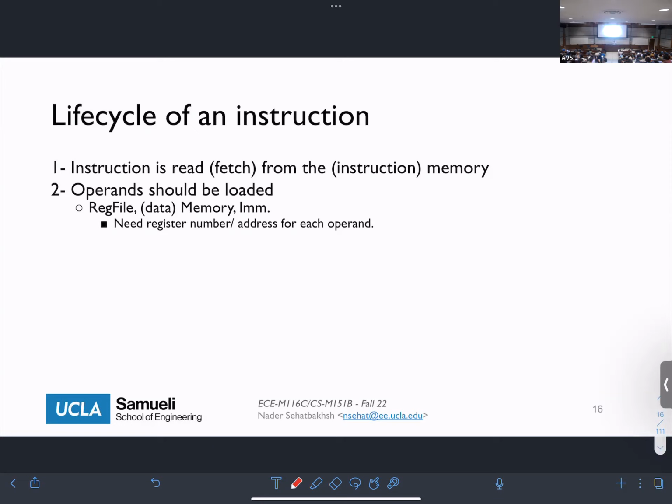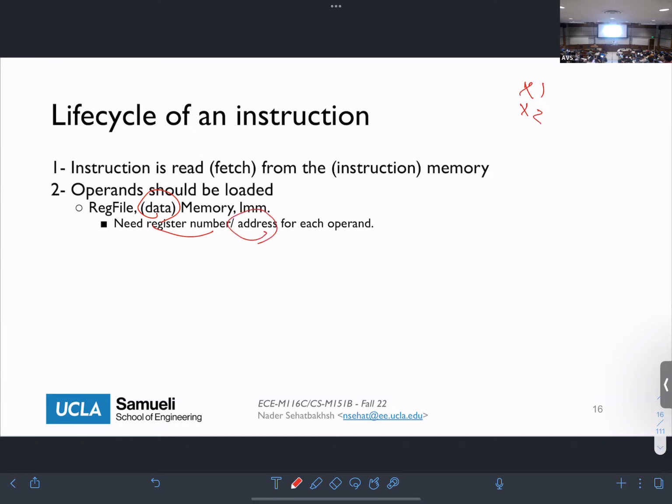And this memory is data, not instruction anymore. We need to read operands from some lines of memory and bring them to our system. For example, for reading the registers, we need the register number. Remember, we had X1, X2, X3. So we need to know which register we need to read, right?